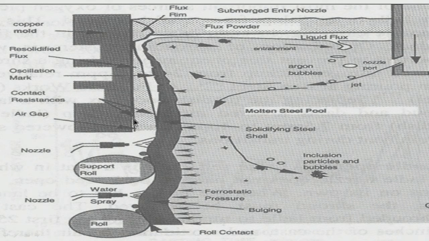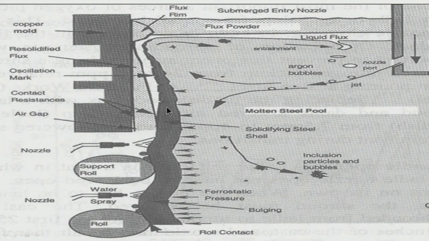So, what happens because of the shrinkage, there is a possibility of formation of an air gap here, because whenever a solid shell is forming from the liquid steel, solidification causes shrinkage, there is a volume change.